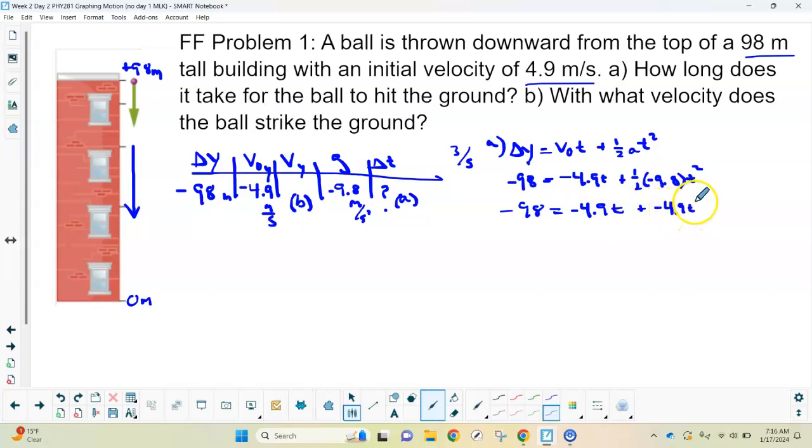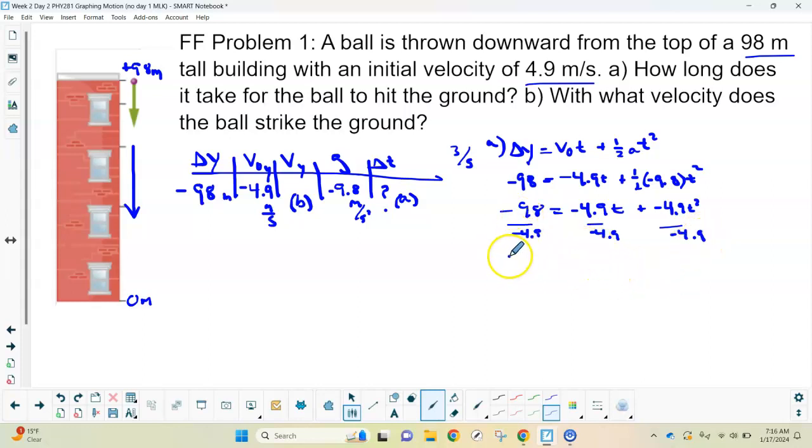So I have a quadratic function, and most people, I don't particularly like solving quadratic functions, especially if they're not factorable. This one actually is factorable, so I'll show you how to do it with that. But you could use the quadratic equation and solve that way as well. I'm going to divide everything by negative 4.9 because that's a factor I can take out, and then it becomes more obvious what the right way to go about this is.